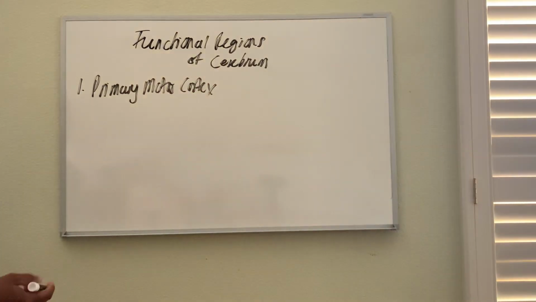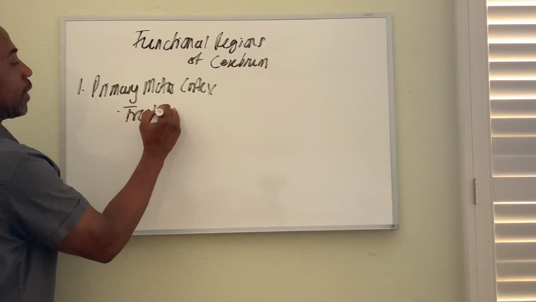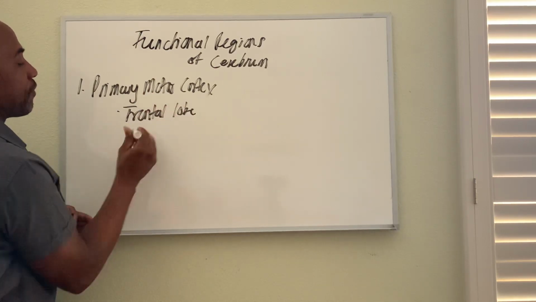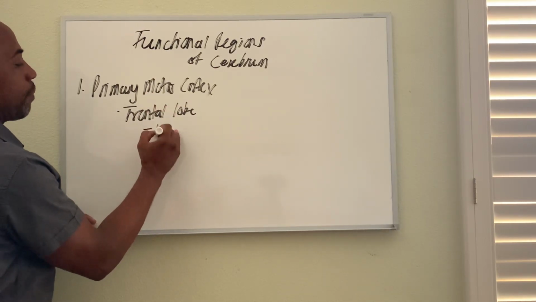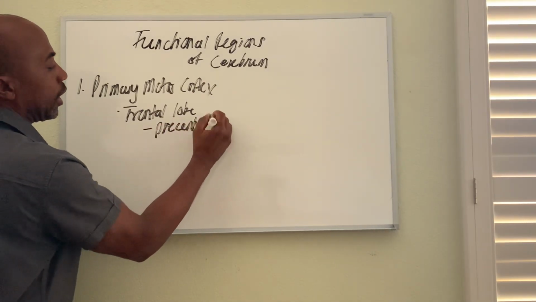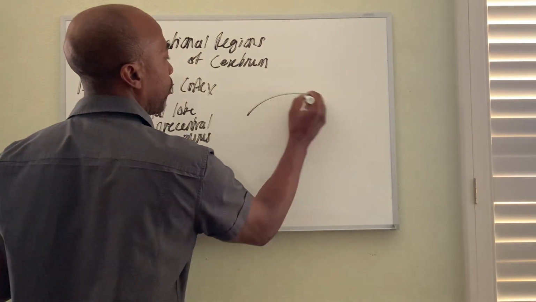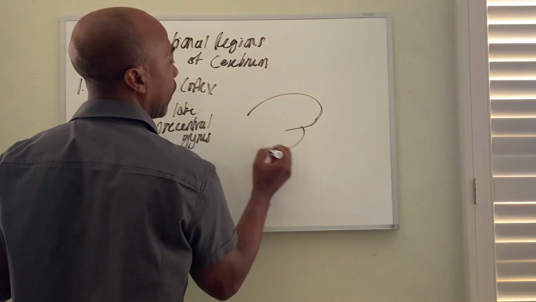This region is located in the frontal lobe, specifically in an area called the precentral gyrus.